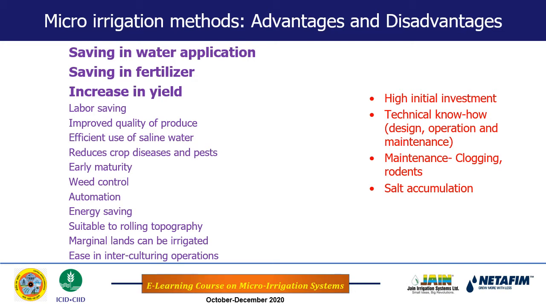Labor saving. In the case of, say, the surface irrigation method, when we apply water, we need human resources to divert the water from the water source, bring it to the field, and when it comes to the field, distribute this water into the field and also apply it into the surface irrigation layouts.